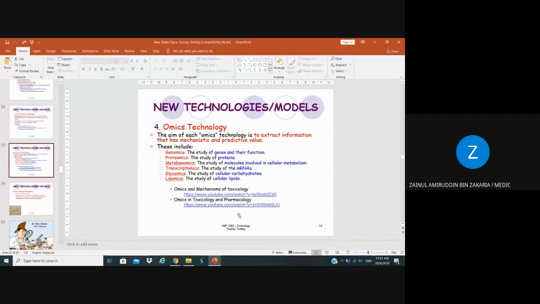Sometimes, for example metabolomic, you look at, after you give the extract or substance to the rats, for example, or the cell culture, certain metabolites, whether they are increased or decreased.